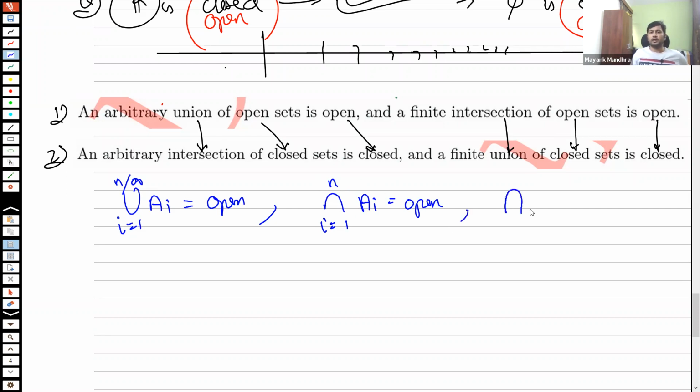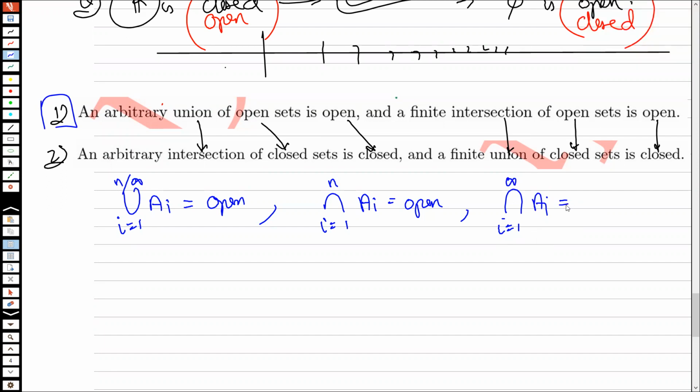But if I took an infinite intersection, what would this be? This is just proposition 1, nothing else right now. I've not started comparing them. Proposition 1, infinite intersection of open sets. What could it be?